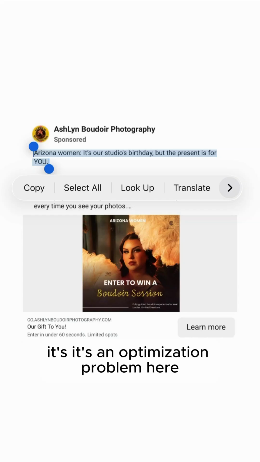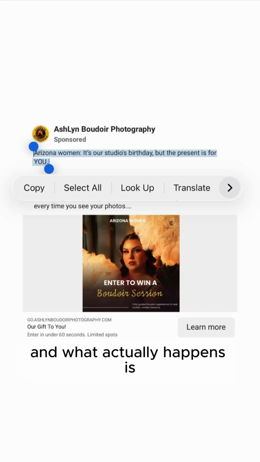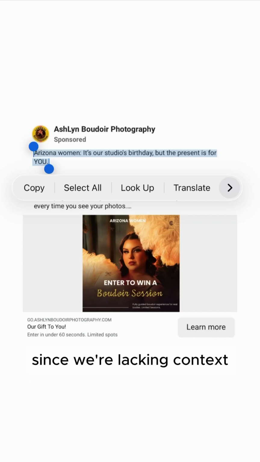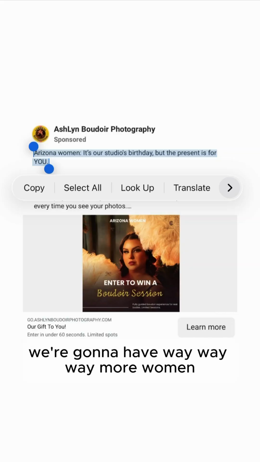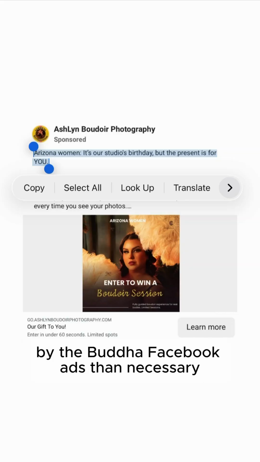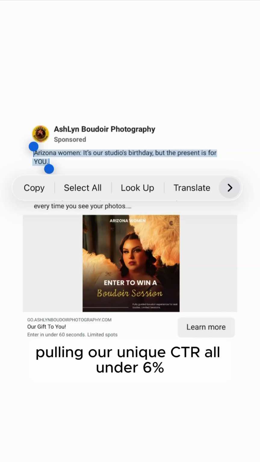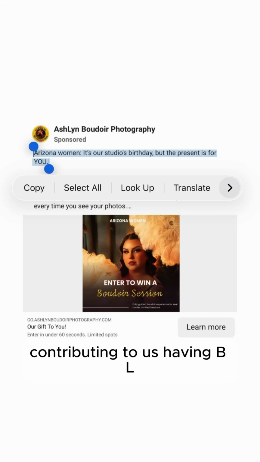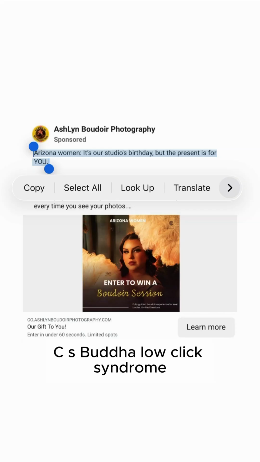It's an optimization problem here. And what actually happens is, since we're lacking context, we're going to have way more women scrolling by our Boudoir Facebook ads than necessary, pulling our unique CTRL under 6%, contributing to us having BLCS, Boudoir low click syndrome.